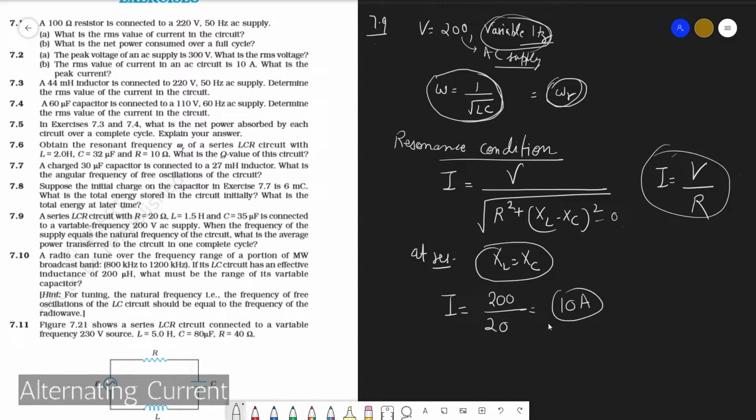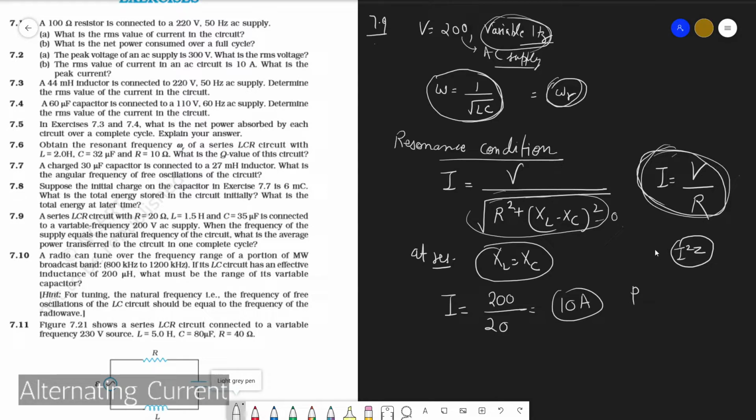In a resonance condition, the whole thing was Z. If I calculate power, I can say I square Z is the power.